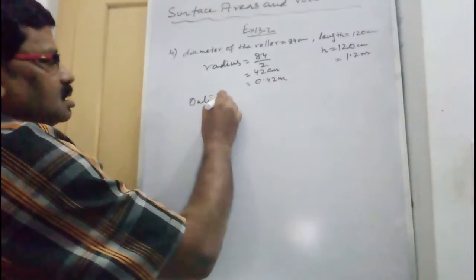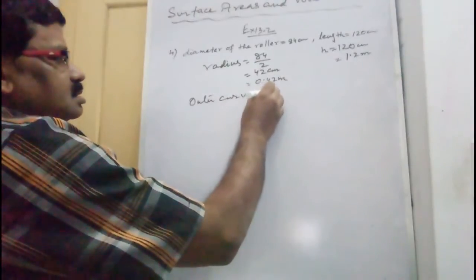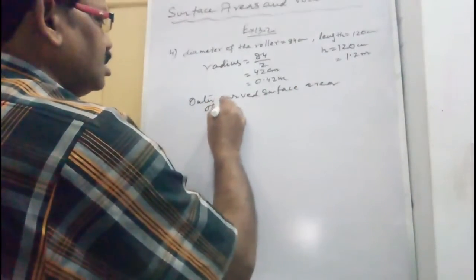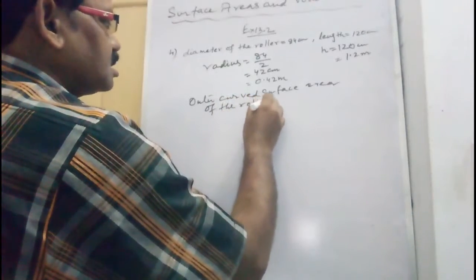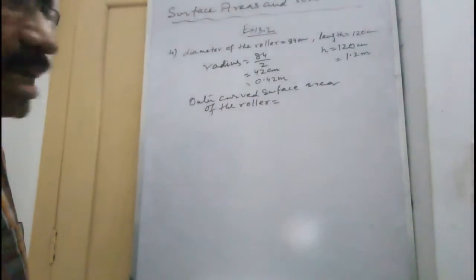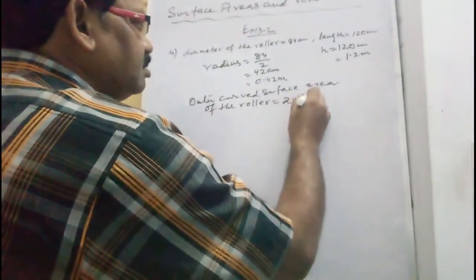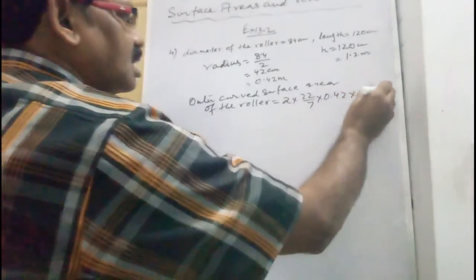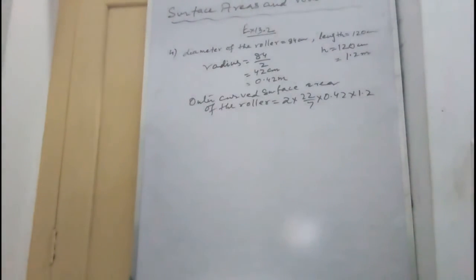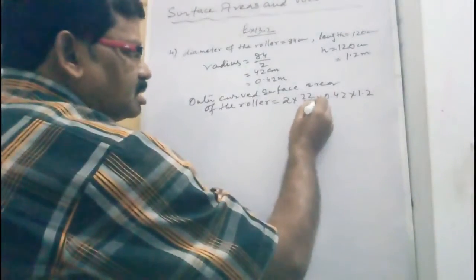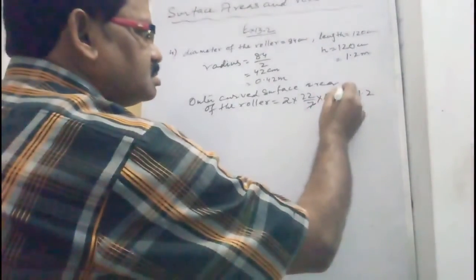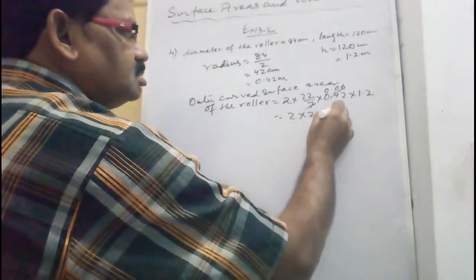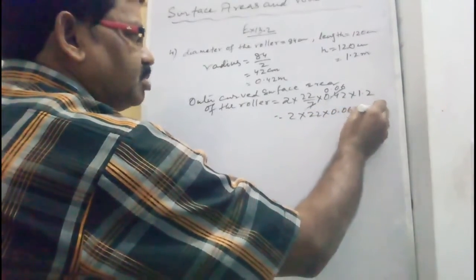So the curved surface area of the roller is 2 pi RH: 2 into pi value 22/7, R 0.42 into H. Now divide 0.42 by 7: 2 into 22 into 0.06 into 1.2.